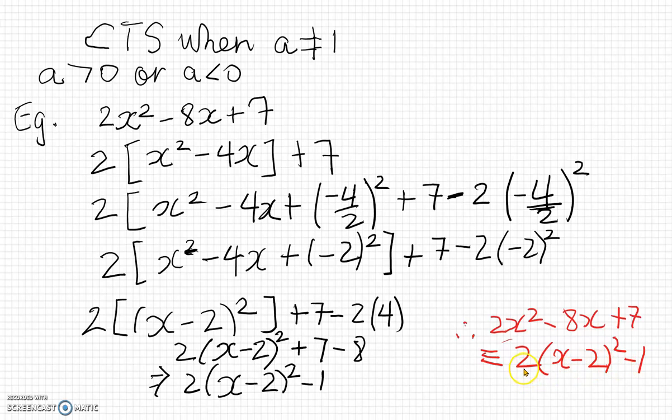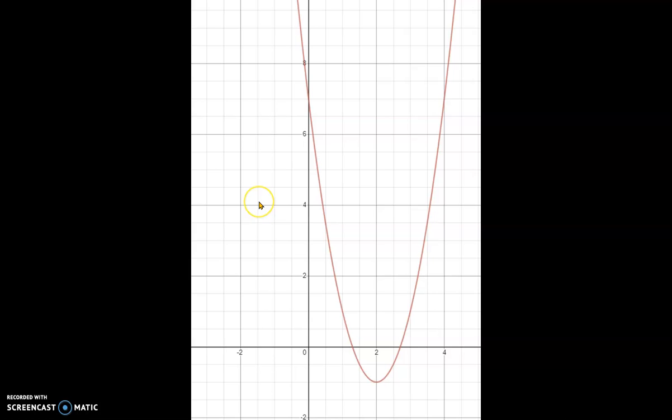So here my a is 2, my h is minus 2, and my k is minus 1. If we were to consider the graph of 2 open bracket x minus 2 all to be squared minus 1, at x equal to 2, the graph is symmetrical.